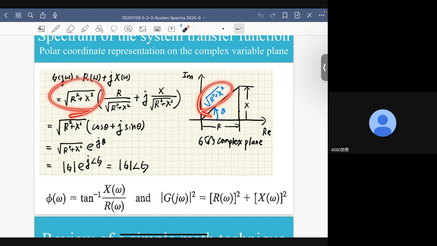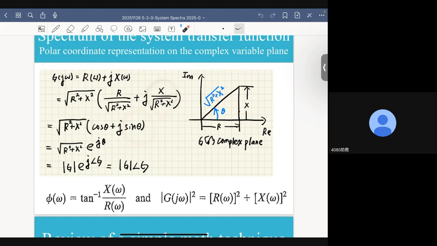If I divide these two things by this, this is what we have. From these triangles, we know that this is actually cosine theta, and this is actually sine theta.